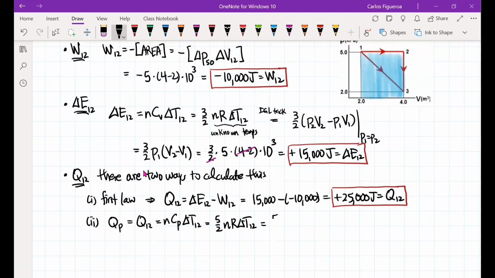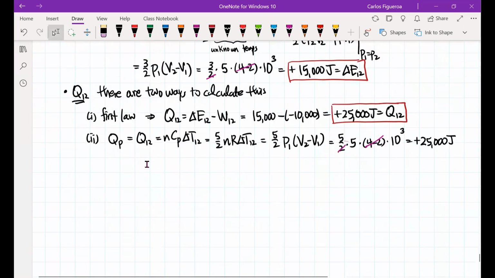But we know that this quantity can be written as P1 times the difference between these two. If you compute this, look what you get. You get 5/2 times 5, and then the difference between 4 minus 2 times 10 to the 3, and then again, like we did last time, we could cancel that, and I get 5 times 5, so I also get plus 25,000 joules. There's 2 ways to compute the exact same thing.